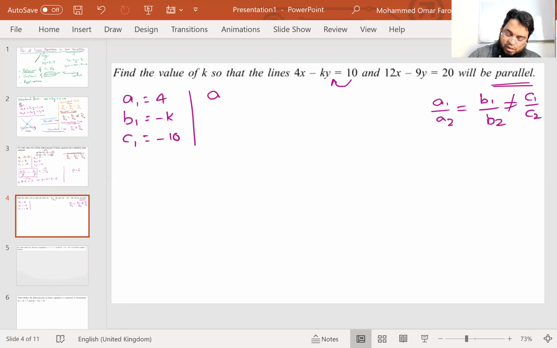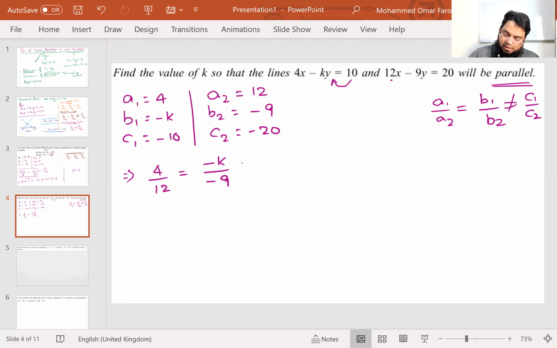Then A2 equals 12, B2 equals minus 9, and C2 equals minus 20. So let us write the condition: 4 by 12 equals minus k divided by minus 9, which is not equal to minus 10 divided by minus 20.